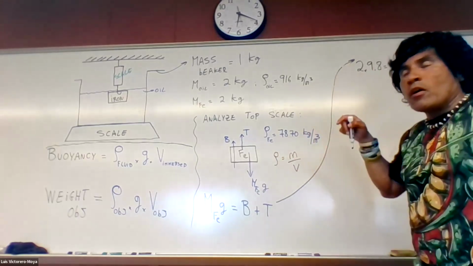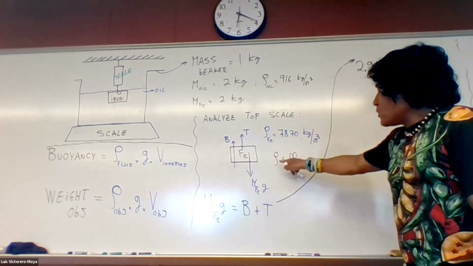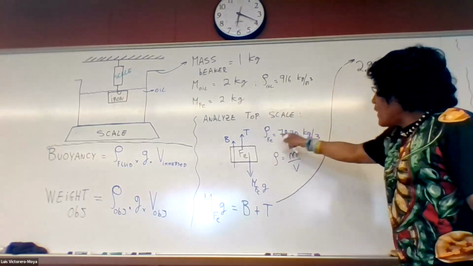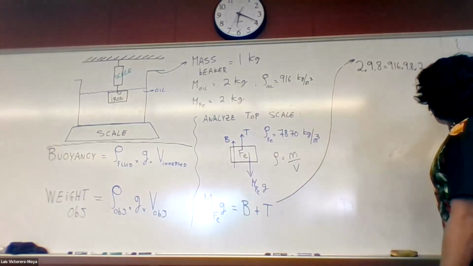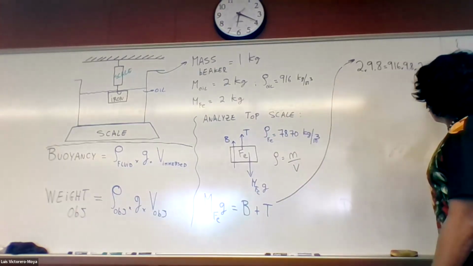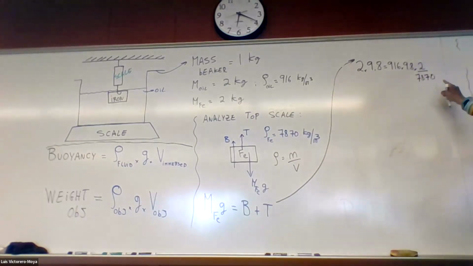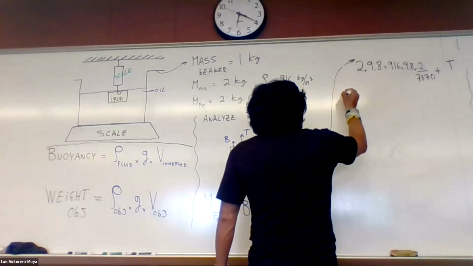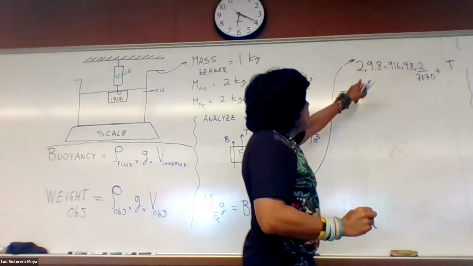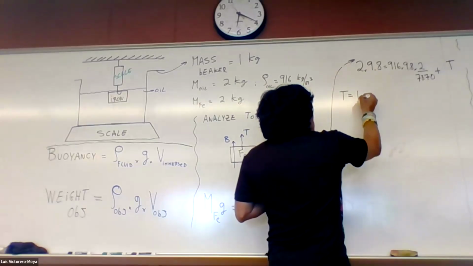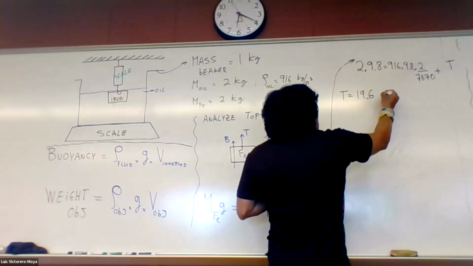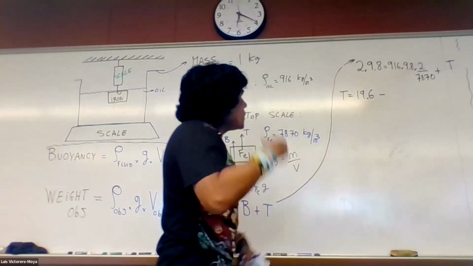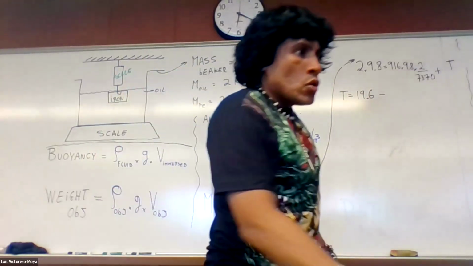Remember, density is mass over volume. That's why I did a problem before. So volume is mass over density. Mass over density. That, plus tension. So my tension is 2 times 9.8, that's 19.6, minus the buoyancy. Let's do that.